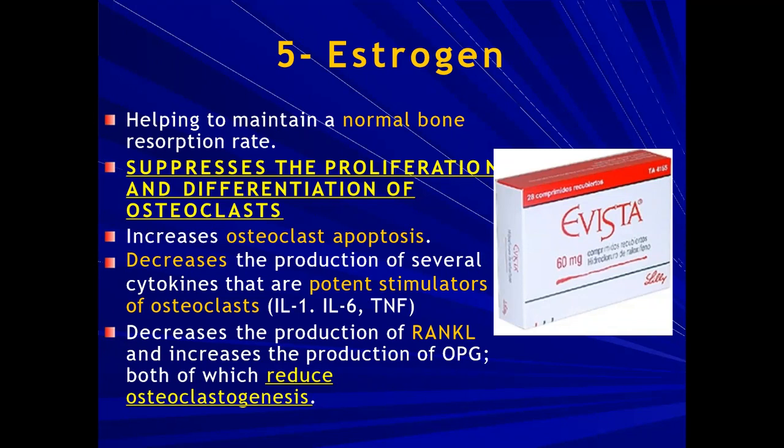It decreases the production of several cytokines that stimulate osteoclasts, the most common being interleukin 1, interleukin 6, and tumor necrosis factor. You remember these cytokines play a big role in acute inflammation. So the decrease in the production of RANKL and the increase in the production of OPG reduces bone resorption in the body.